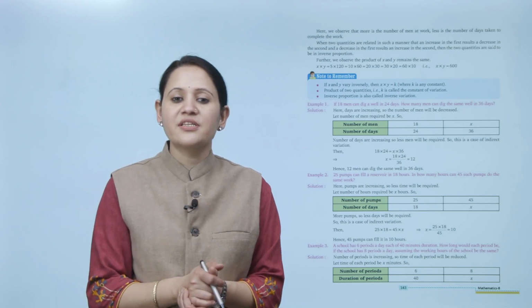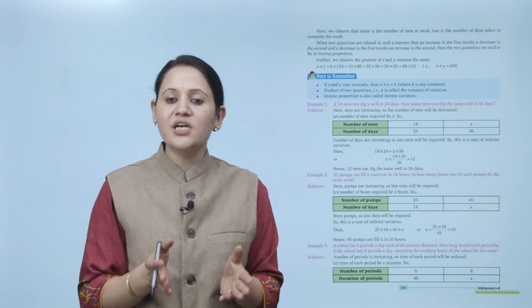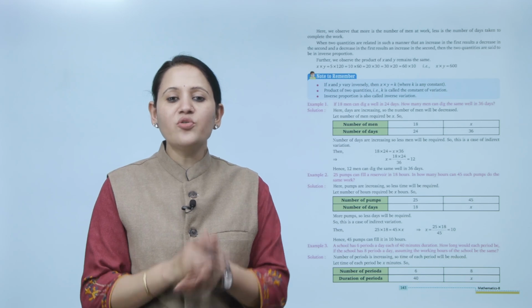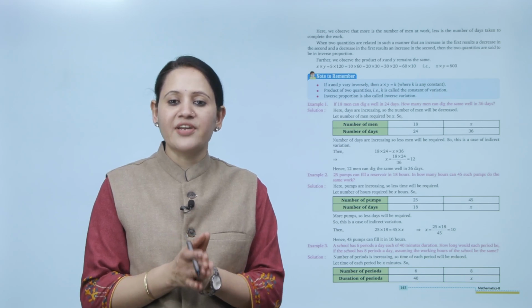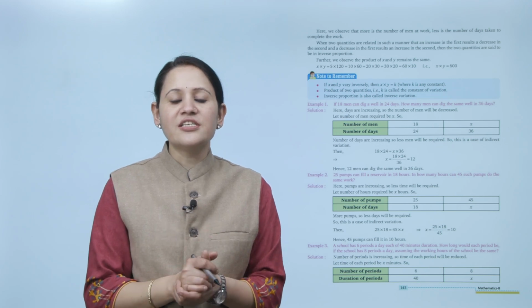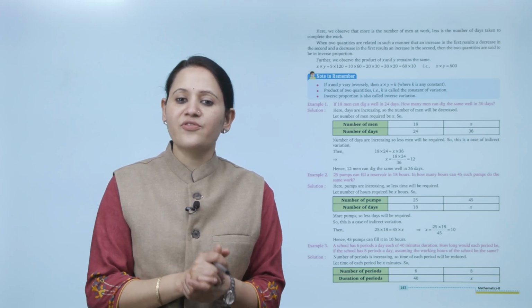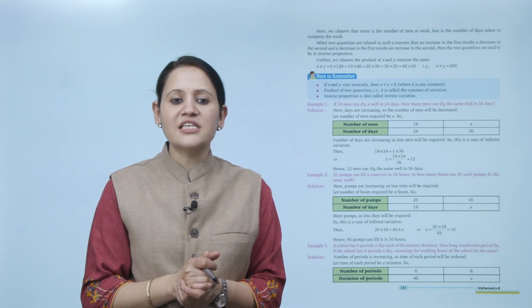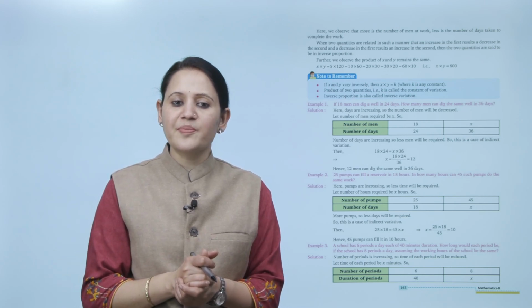So here we observe that the more is the number of men at work, the fewer the number of days taken to complete the work. When two quantities are related in such a manner that increase in the first results in decrease in the second and decrease in the first will result in increase in the second, then the two quantities are said to be in inverse proportion.